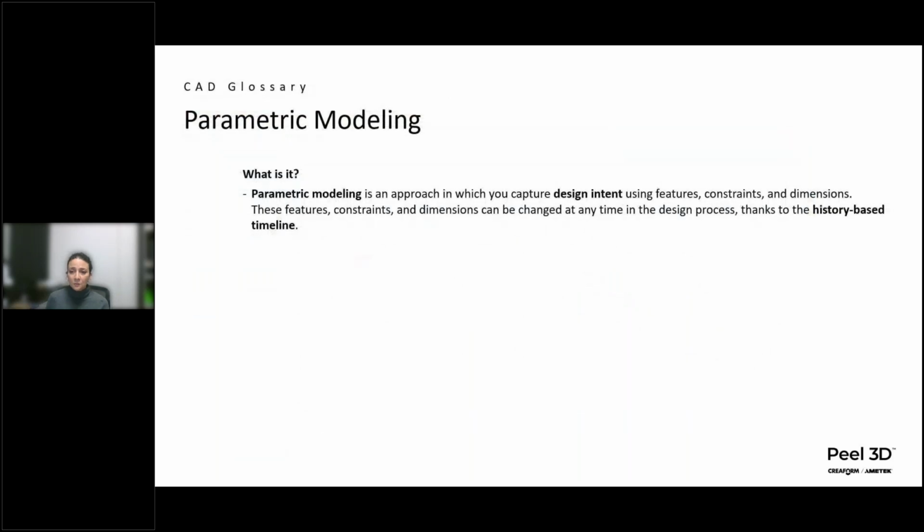Now, I've mentioned the word parametric a few times, but what exactly does it mean in the reverse engineering world? Let's cover a few keywords here. Parametric modeling means a design intent model is driven by parameters and constraints defined at each step, and changes to earlier features in the timeline automatically propagate through subsequent steps in the history-based timeline.